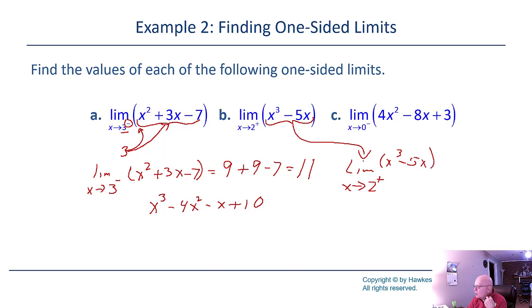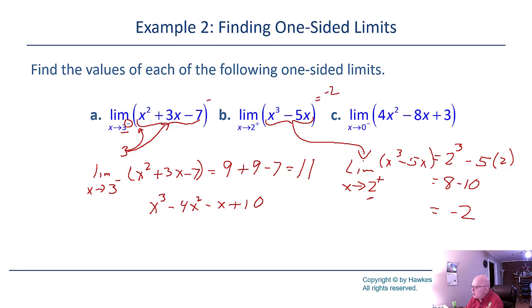Because it's a polynomial, whether it's the right or the left limit, I can just take this 2, put it in where the x's are, and get my limit. 2 in for the first x, giving 2 cubed, minus 5 times that 2 again. What do we have? 8 minus 10, our limit is negative 2.